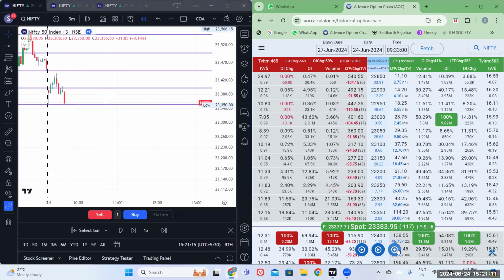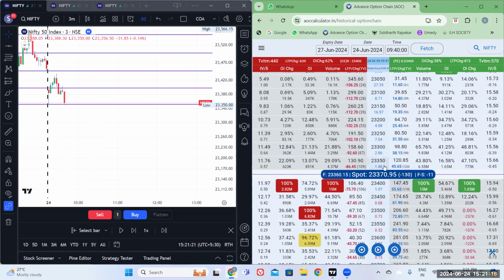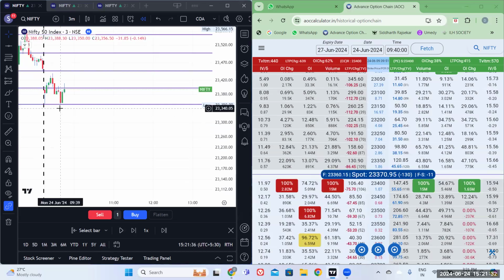So it's 939. So let's say 939. The data is correct. So there is no problem with the data. So we can do that. Okay. So from here, you can take a trade and the target is done. Maybe the next candle, the target is done.